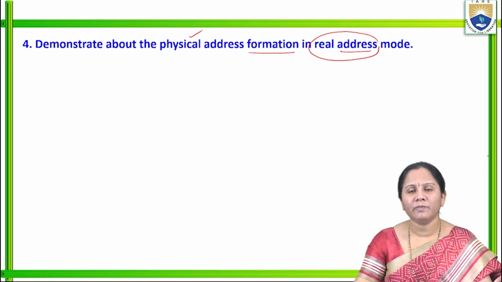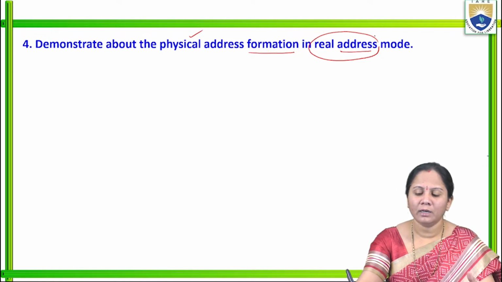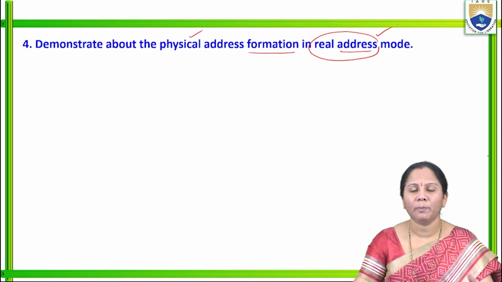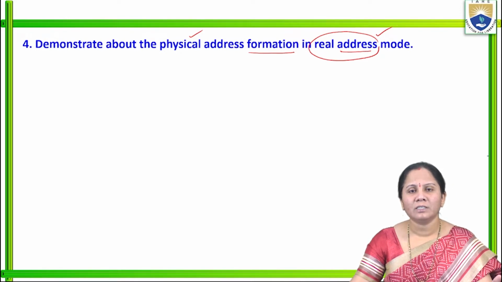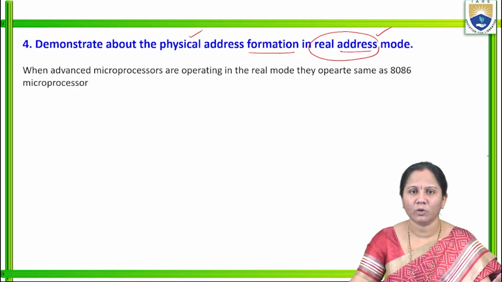The operation of that processor will be similar to 8086. So that is why when the advanced microprocessors are operating in the real address mode, the physical address calculation will be same as the physical address calculation how we have done for 8086 microprocessor.